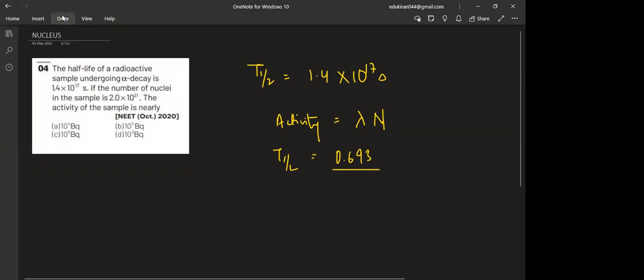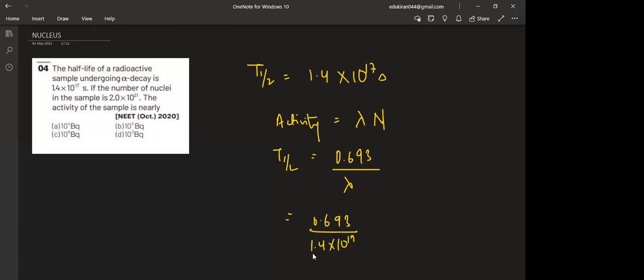First, write down the general formula for lambda. So the value of lambda from here, and the activity of the sample, is 0.693 by T half. If you get the value, write the value of lambda N. T half will become 1.4 × 10^17.